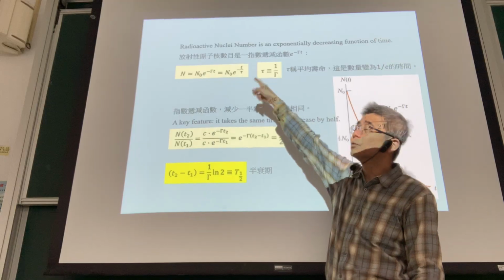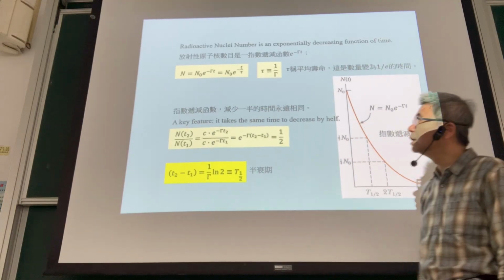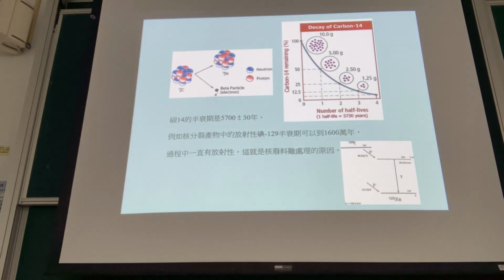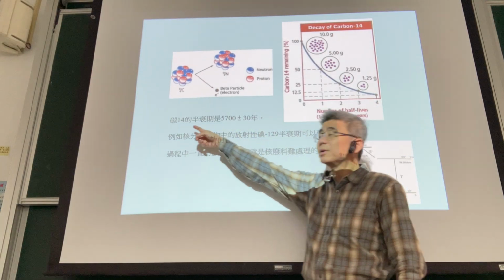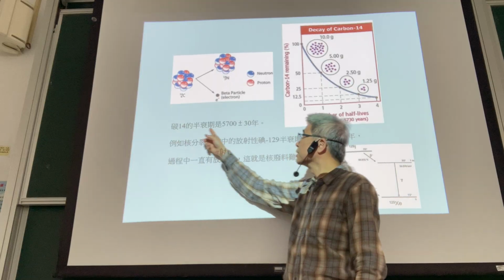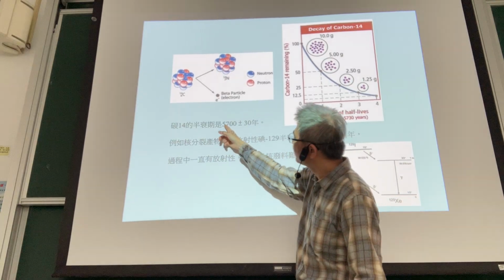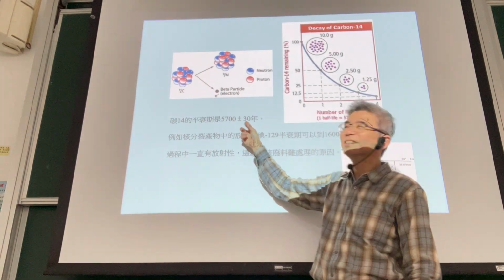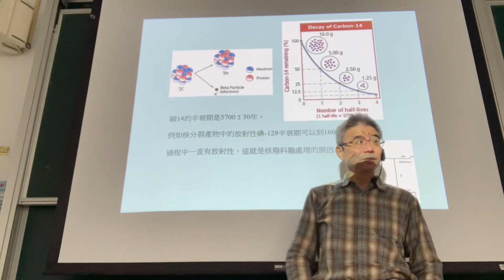the probability we have here, actually determines how long a radioactive nucleus will stay in nature. For example, the half time of the carbon-14 isotope is about 5,700 years. So it's quite a long time.